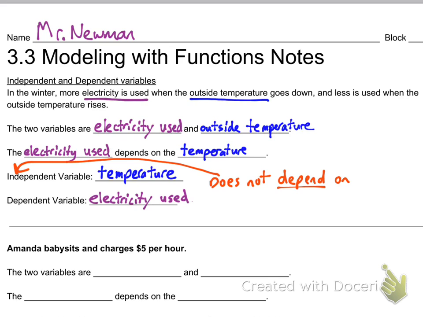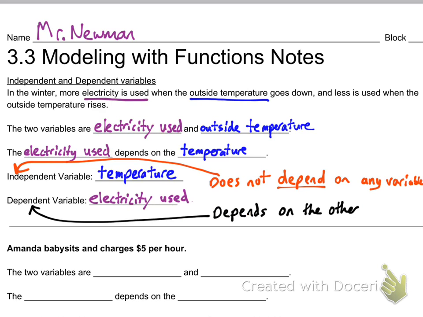Go ahead and write that down: the independent variable, kind of like independent children, they don't depend on anyone. They're independent. And dependent means it depends on another variable. So you always want to identify the independent and dependent variable because the independent variable is always the input, or x, and the dependent variable is always the output, or y, and we'll write that down in just a moment.